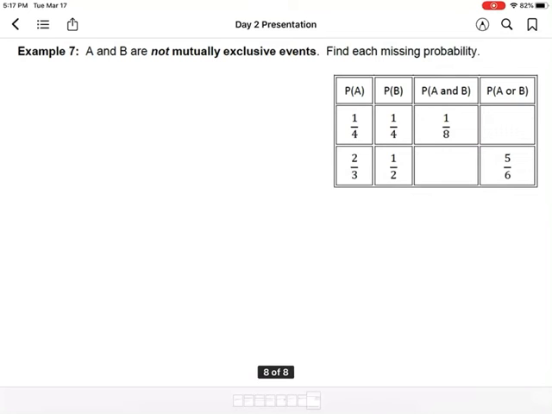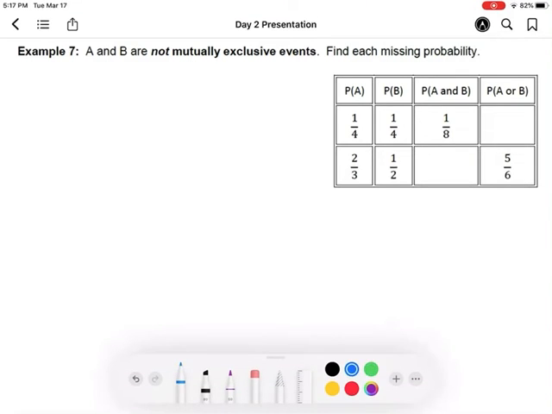All right, it says A and B are not mutually exclusive, which means that they can happen at the same time. Find each missing probability. So we are going to use the formula for compound probability for or.